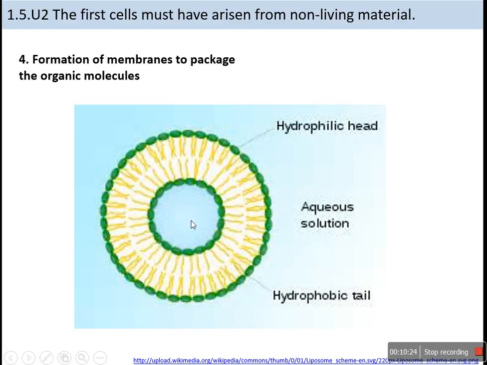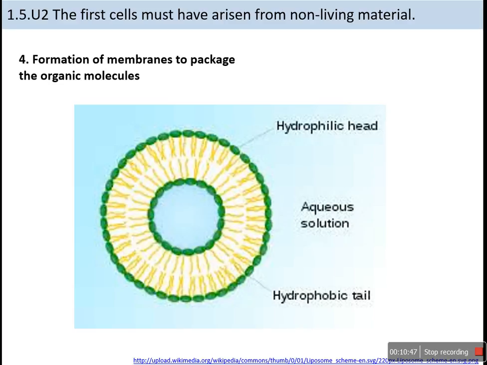The formation of an internal environment means that optimal conditions for replication or catalysis can be maintained. So before, we've got our amino acids, we've got our polypeptides, and we've got our self-replicating RNA.